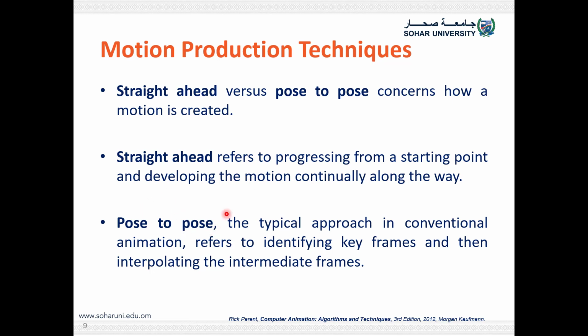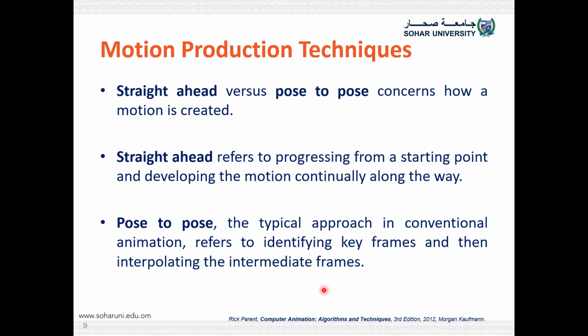In contrast, the other method is called pose to pose. This technique is different. For the same example, I have 20 frames. In this method, they draw the first frame and then frame number 20, then in between, which is 2 to 19.